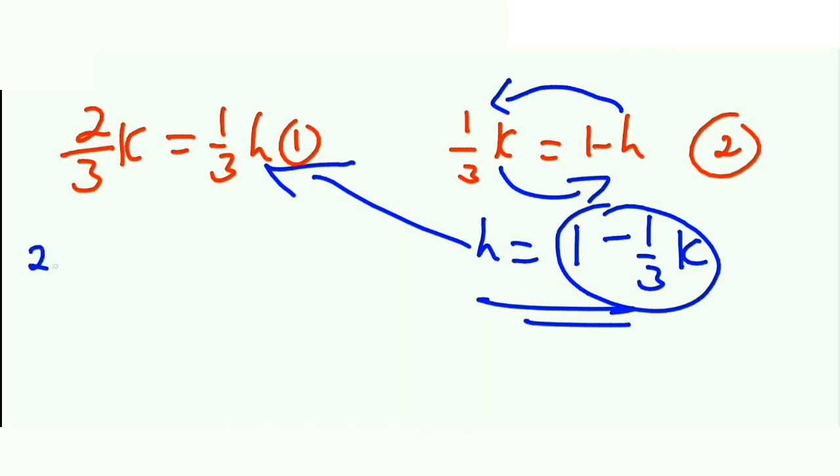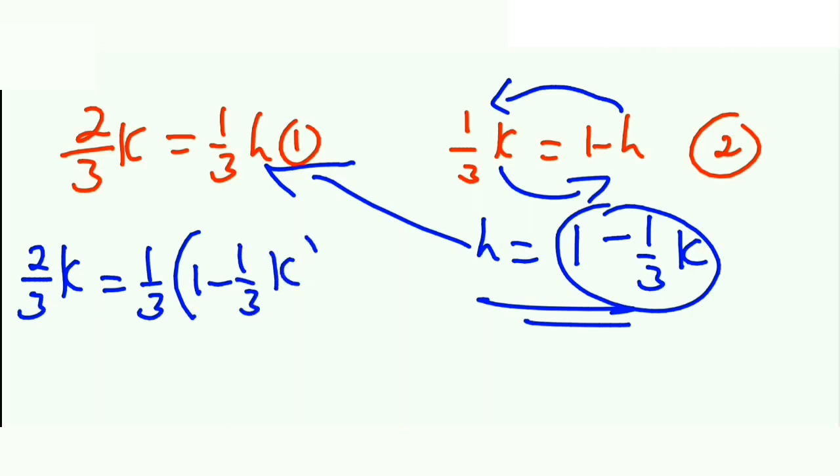So it's 2/3 K equals 1/3 open bracket 1 minus 1/3 K, then 2/3 K equals, you have to remove the bracket, 1/3 minus 1/9 K.